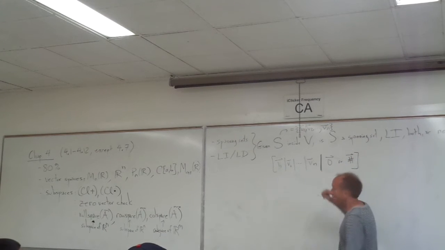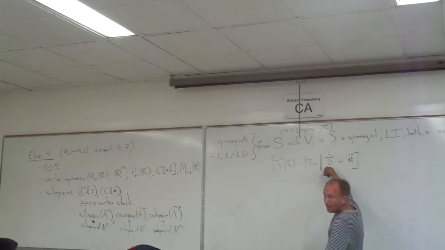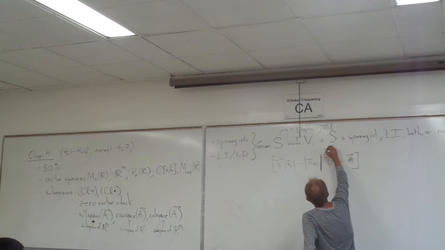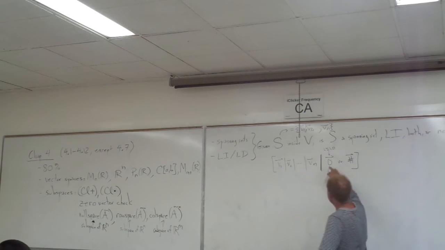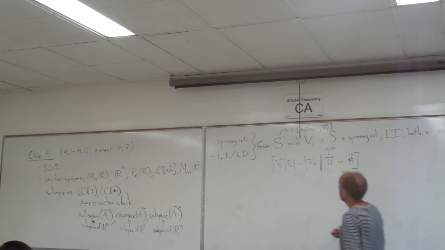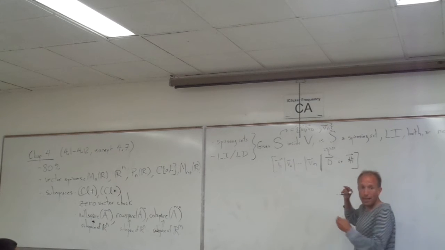You put zeros here when you're trying to address which question? The LI, LD question, right. So if you're asking whether the vectors are LI or LD, you put this column of zeros at the end of it. If I'm asking whether the vectors span V, then what do I put in that last column?